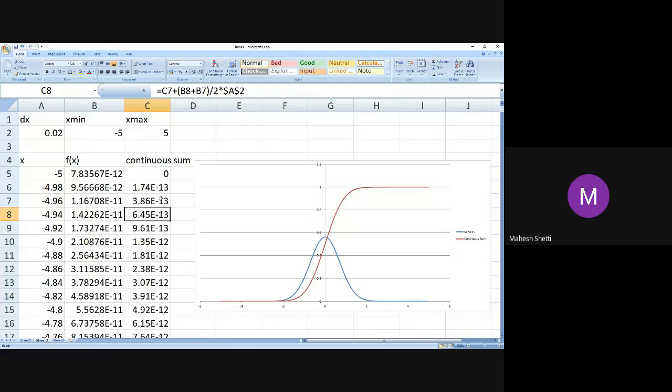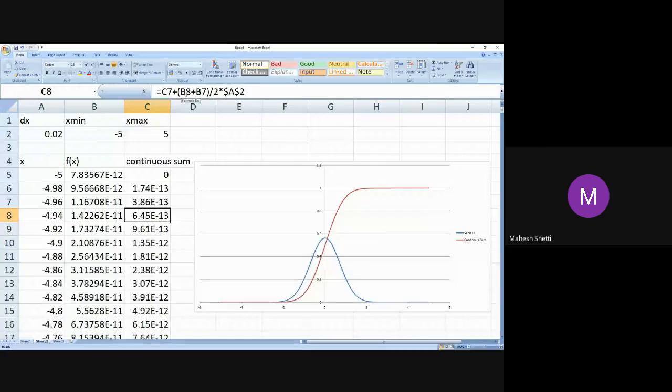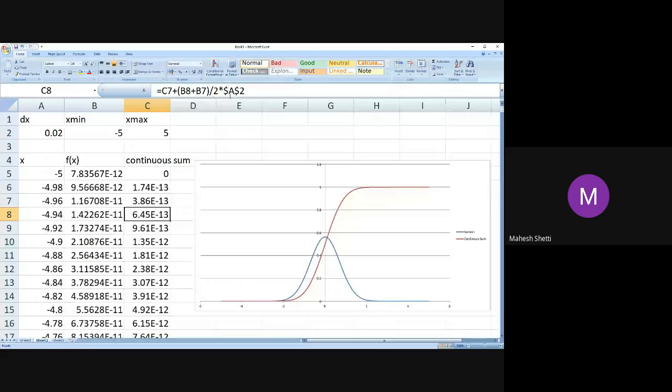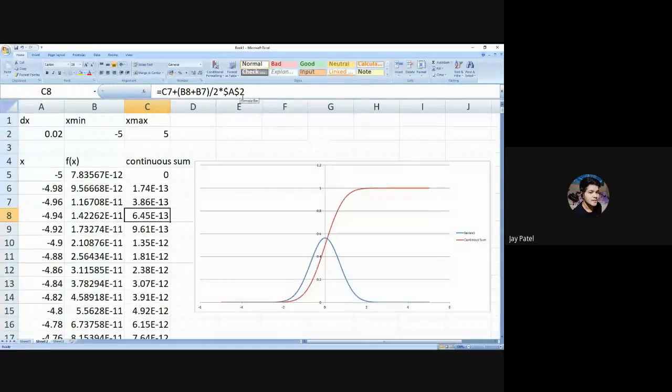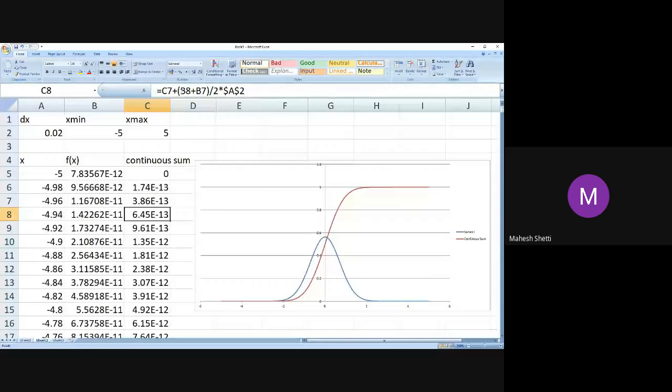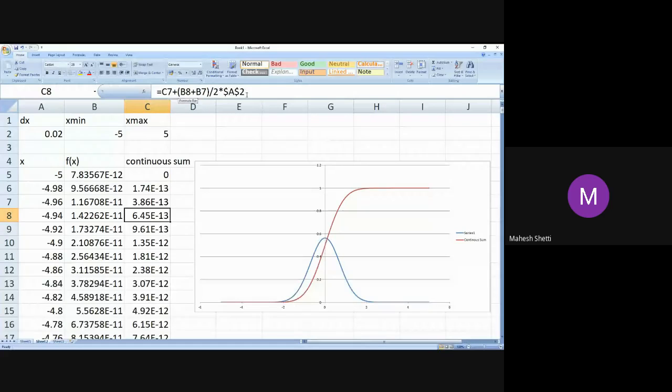That next column is the area of that trapezoid. What is the area of a trapezoid? The value of the function plus the value of the function at the adjacent point, that is b8 plus b7, divided by 2, multiplied by delta x. So this is just the addition of the next trapezoidal column that I'm adding. Okay.